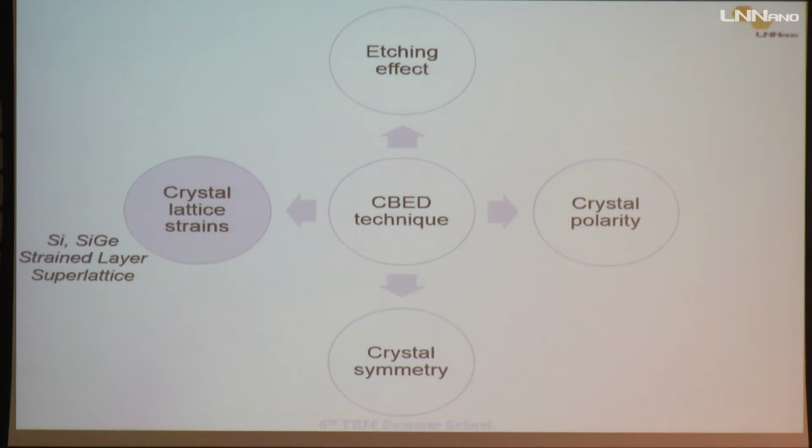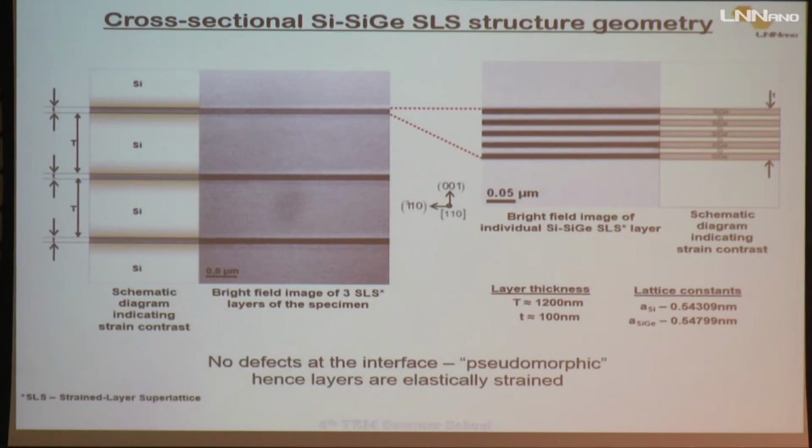Next, the final topic is crystal lattice strains. I try to understand the lattice strains using the silicon germanium SLS structure. This is the geometry of the SLS structure, which has various superlattice structures.